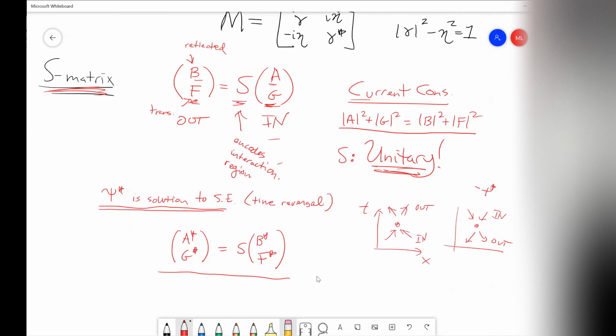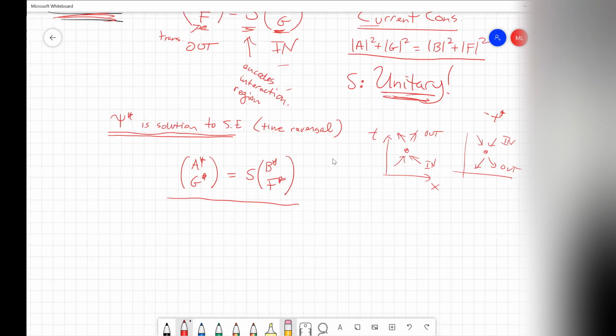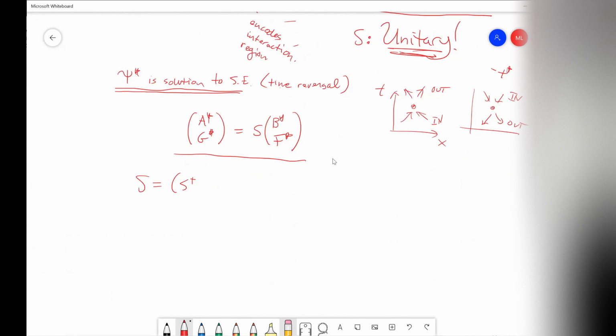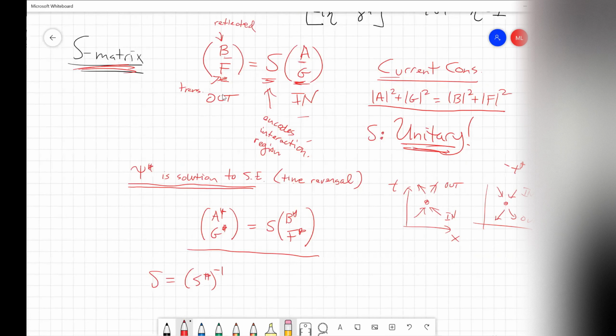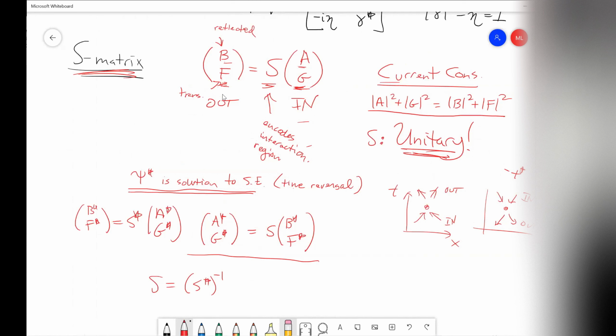So that puts pretty strong constraints on it. It means that S has to be equal to S star inverse, because if we take the star of the original equation, we get B star, F star equals S star times A star, G star. So S star has to be its own... S has to be the inverse of S star.